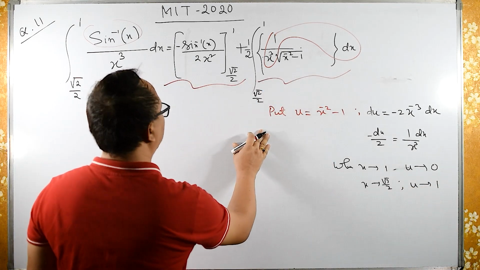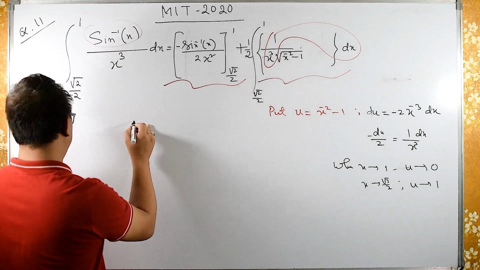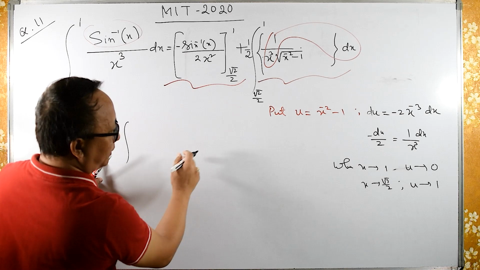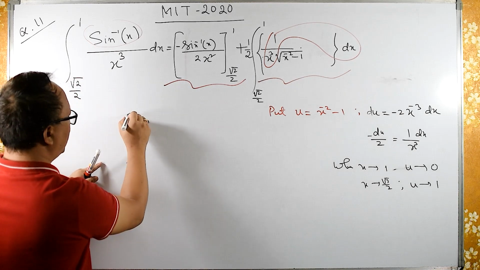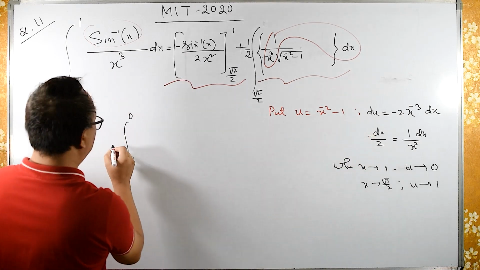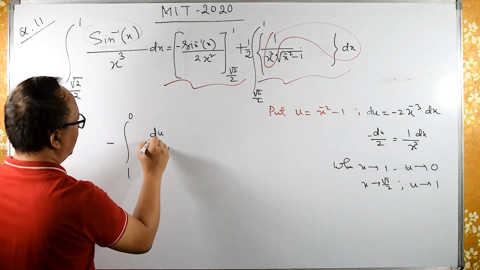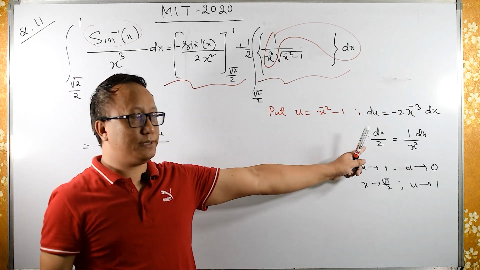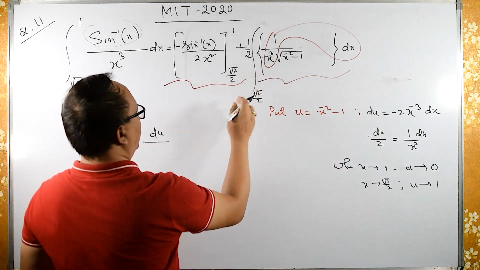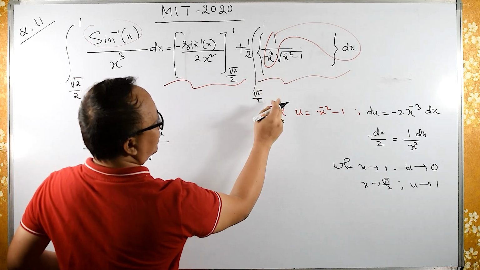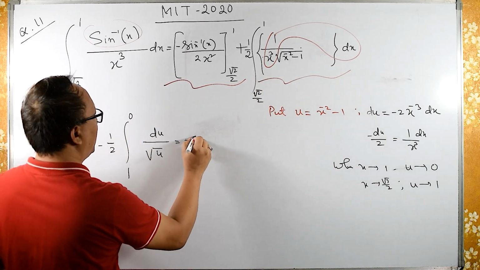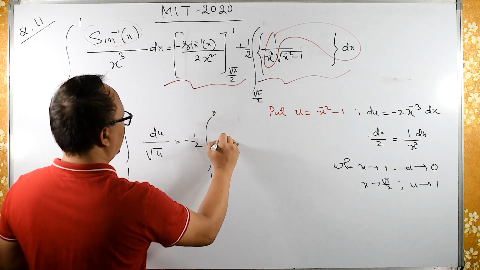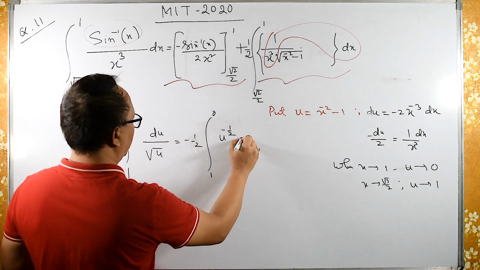So therefore this integral becomes, with the limits from 1 to 0, minus half, I can send outside du upon minus 2, this minus half is there, and then the square root of u. We have minus half integral from 1 to 0 of u raised to minus half du.